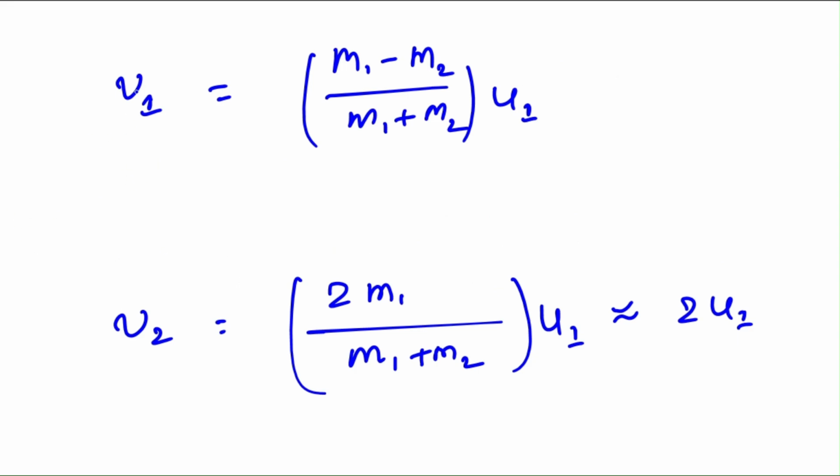So final velocity of the first body, that is neutron in this particular example, is going to be m1, which is mass of the first body, that is neutron, minus m2, that is mass of the second body, which is deuterium nucleus here. So v1 is m1 minus m2 divided by m1 plus m2, whole term multiplied with u1.